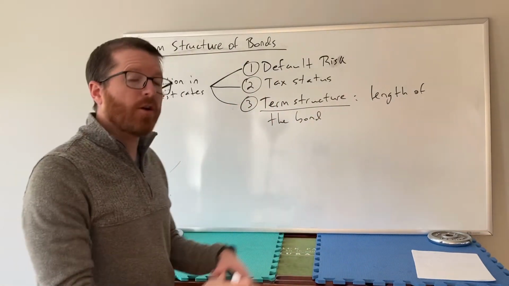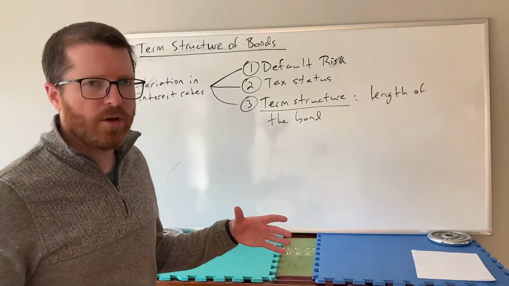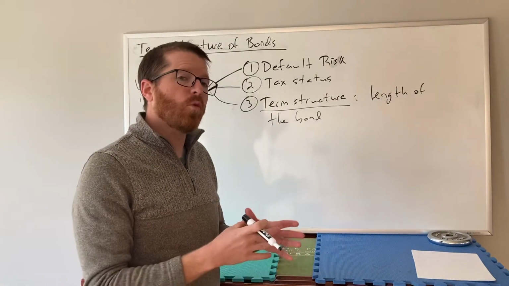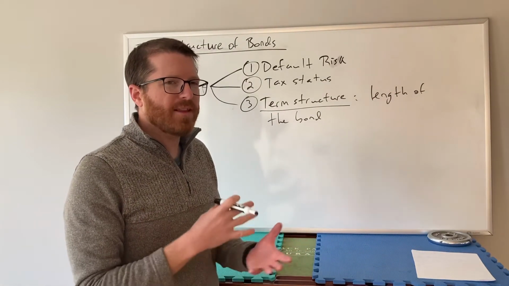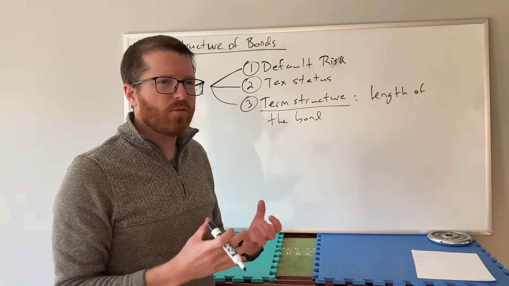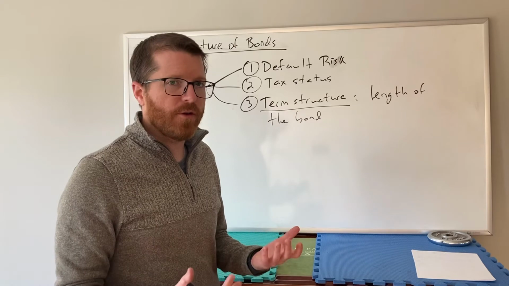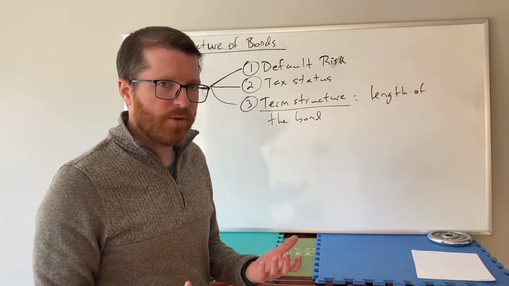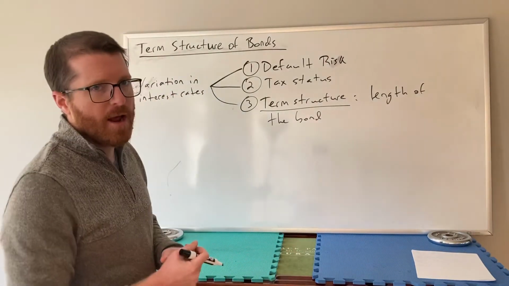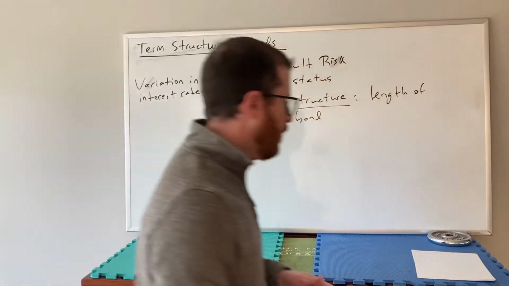A 30-year bond has 30 years to maturity. A 1-year bond has 1 year to maturity. And we would like to think about how interest rates would correlate or perhaps not correlate between a 1-year and a 30-year bond that's issued today. Okay, and so that's what we're going to be talking about now in regards to the term structure.